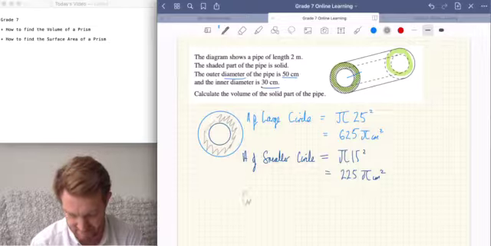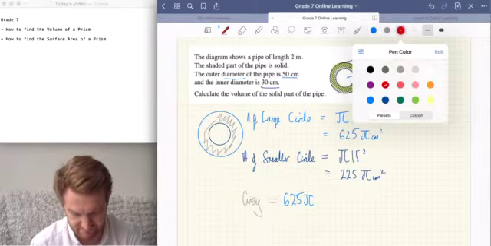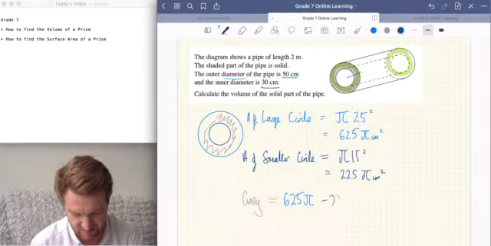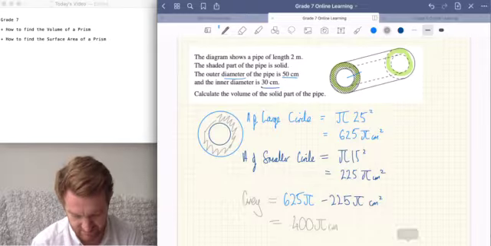The grey is going to be the larger minus the smaller, so it's going to be 625 pi minus 225 pi, and that will give you 400 pi centimeters squared.